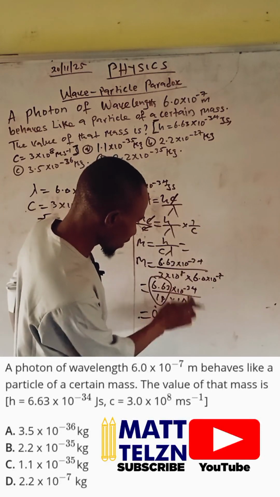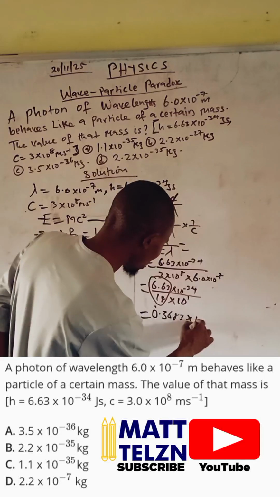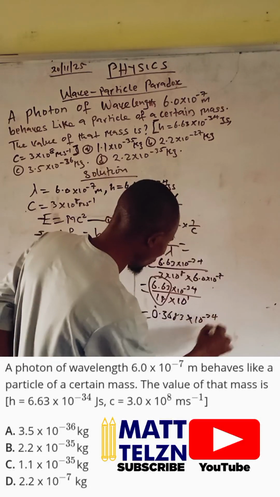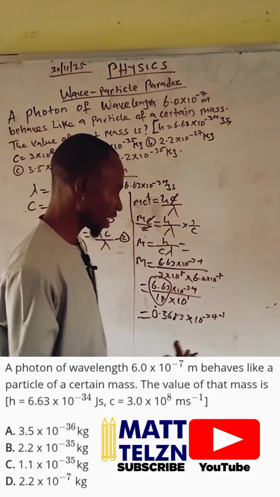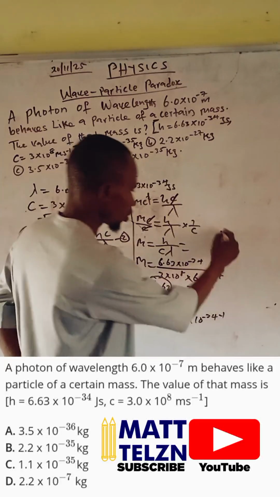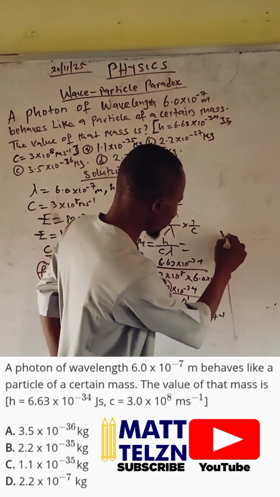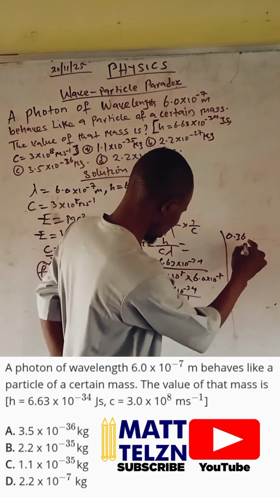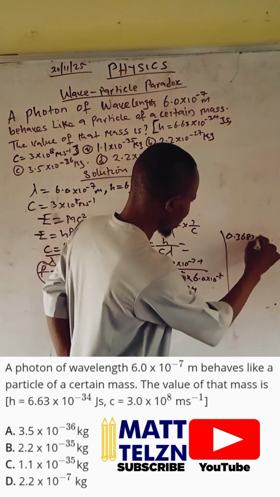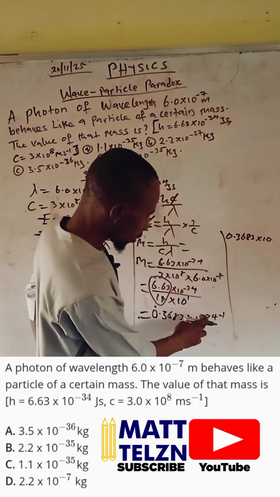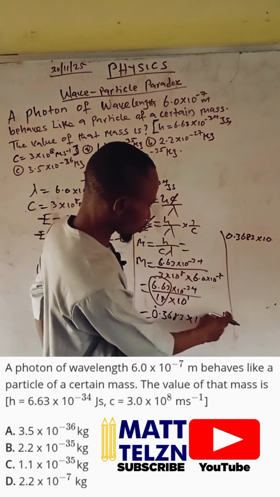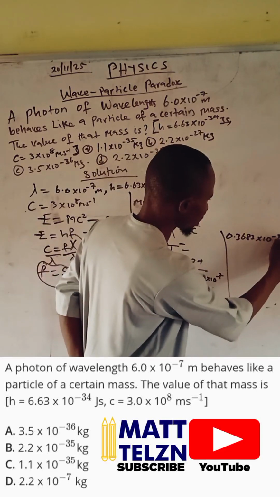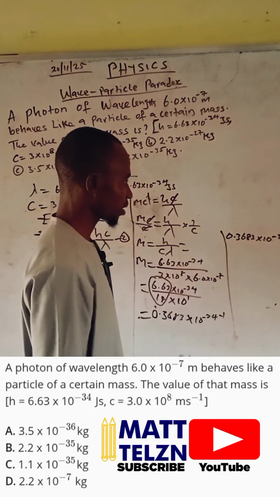So I'm going to have times 10 raised to power minus 34 minus 1, based on law of indices. So next I'm going to have 0.3683 times 10 raised to power minus 35, right?